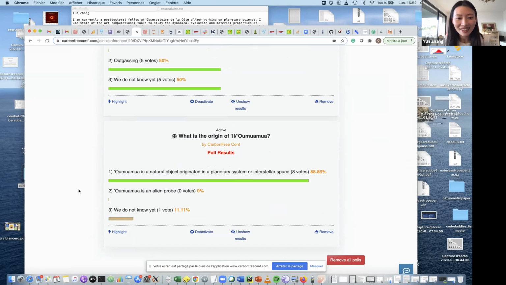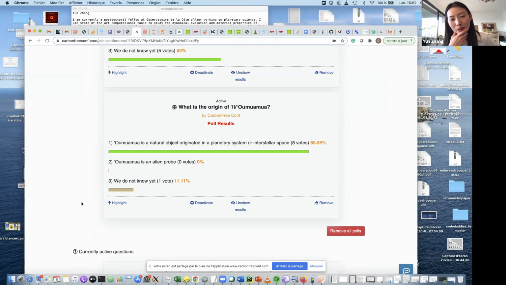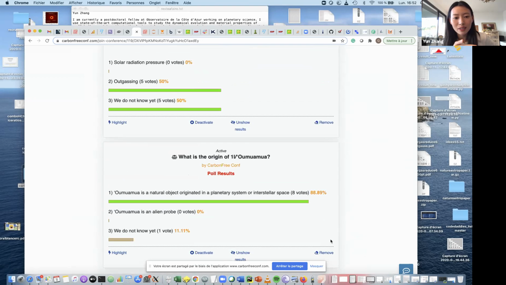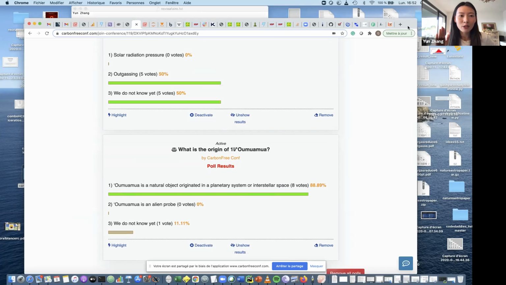I'm glad that the natural origin convinces all of you. I would like to say we cannot 100% rule out the possibility of an alien probe, but we don't have any evidence for that. So it's a scenario that cannot be proved or disproved. That's not the science we want to do. So in our case, we will be in favor of the natural object.